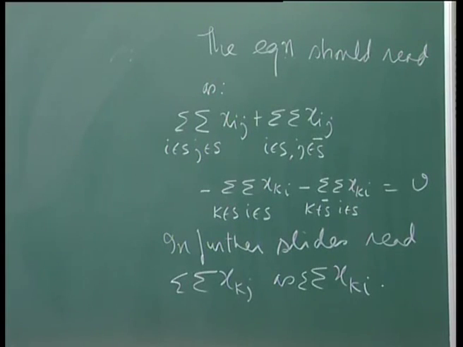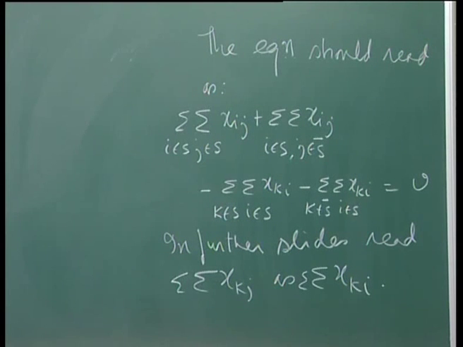See, when we are summing up the flow conservation equations for all nodes in S, the equation should read as follows. Here I am breaking up the summation over V as S and S bar, because S union S bar is V. So the summation will read as summation over I belonging to S, then summation j belonging to S, plus summation over I belonging to S and then j belonging to S bar.